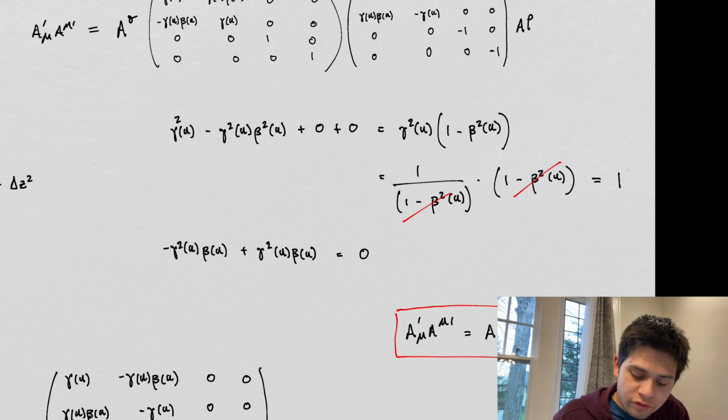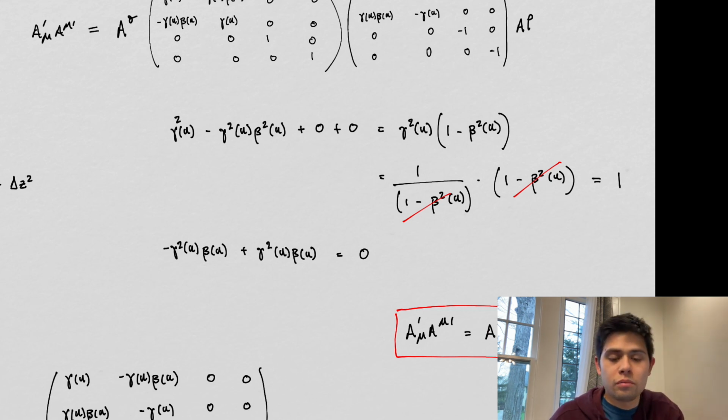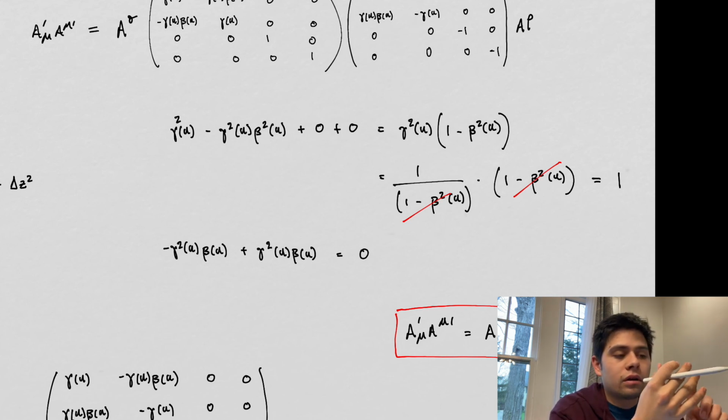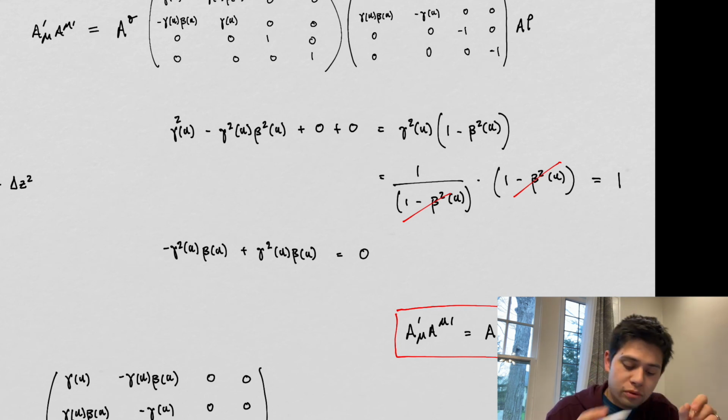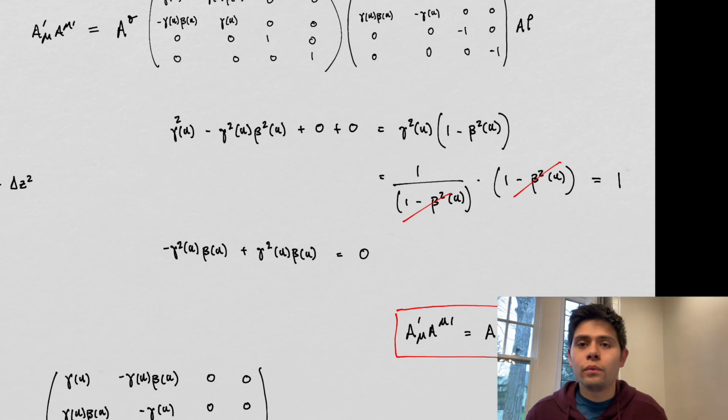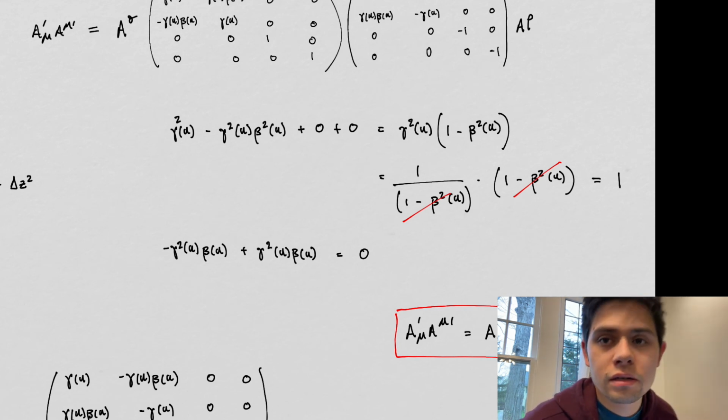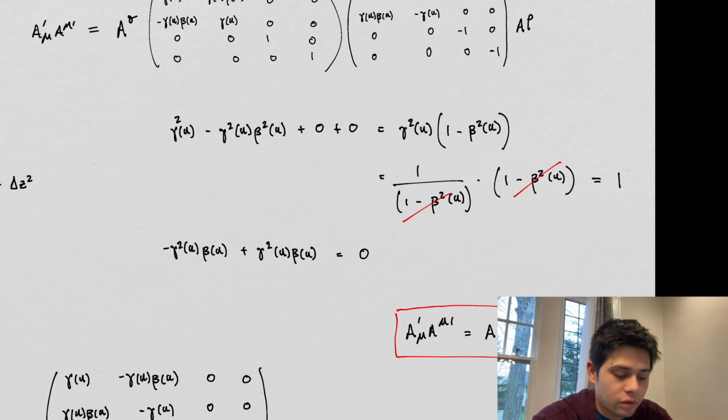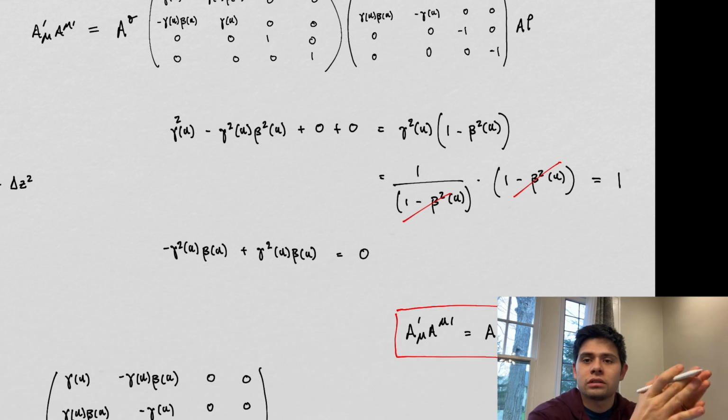They preserve this Minkowski metric, right? So our boost matrices and our rotation matrices preserve this metric when we try to find these invariant delta S quantities, if you will, or when we do a dot product, right?